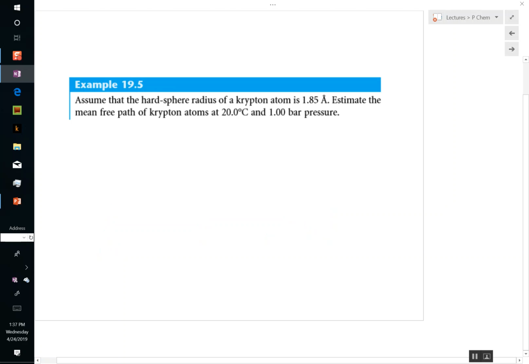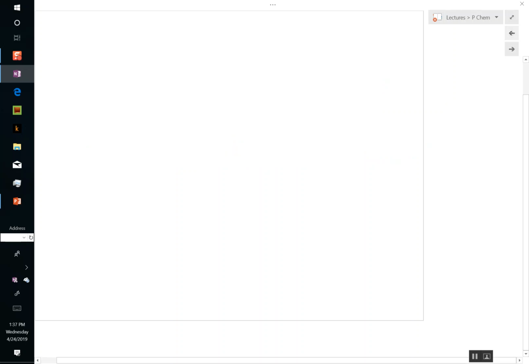Okay, so here's an example. We've got krypton, and they're giving you the radius as 1.85 angstroms, T equals 293 Kelvin. Remember, what's our equation again?